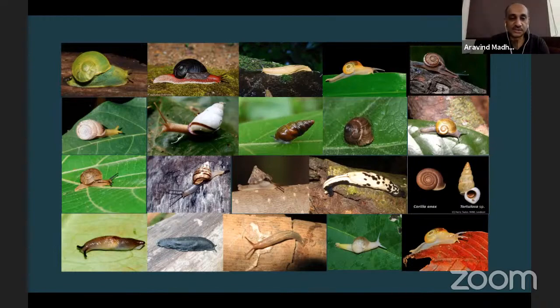Their shapes are very distinct, and some of them have a hairy kind of structure on their shell, and nobody knows why they have that structure. The diversity ranges from 1.5 or 2 millimeter to almost 15 centimeter. That's the size diversity you can see in the non-marine mollusks of the Western Ghats.